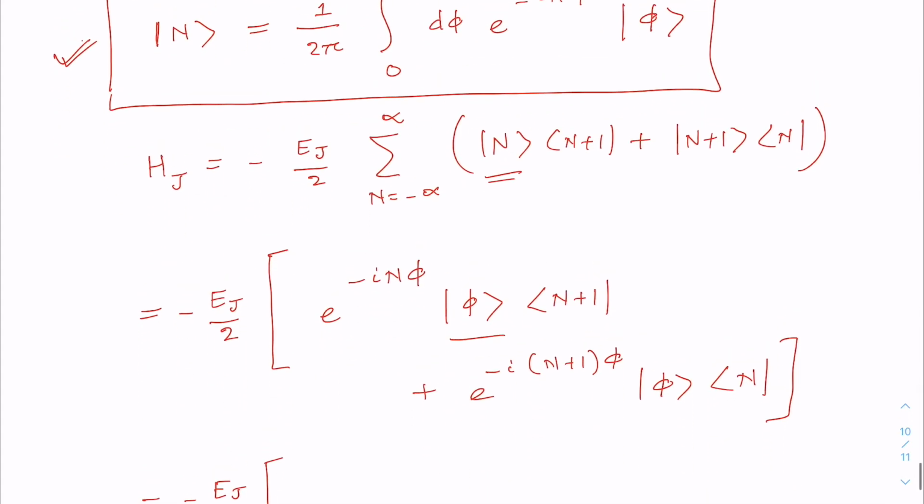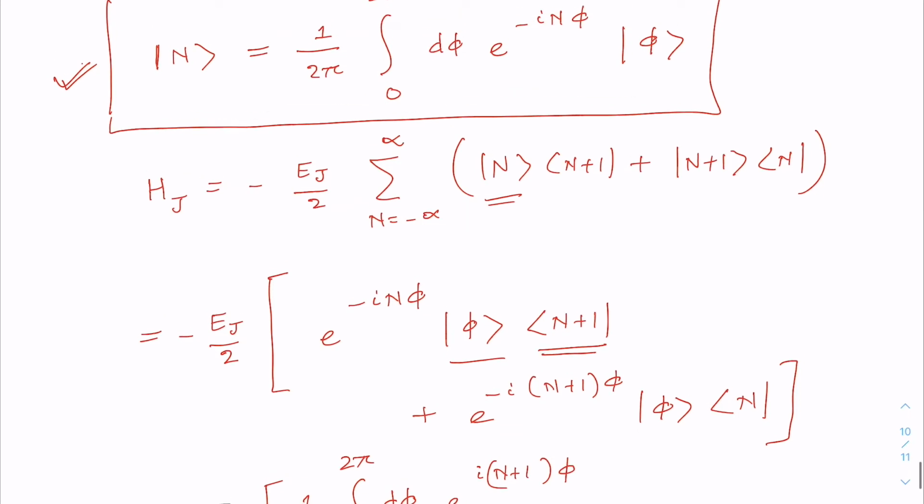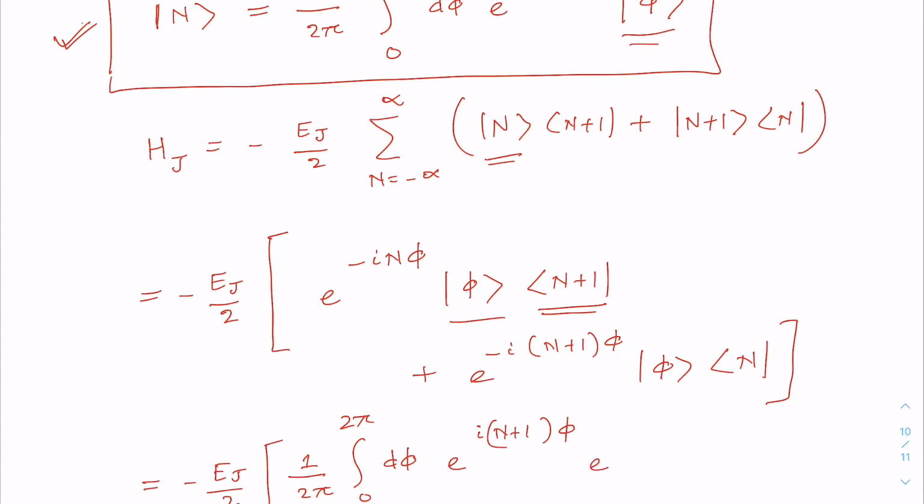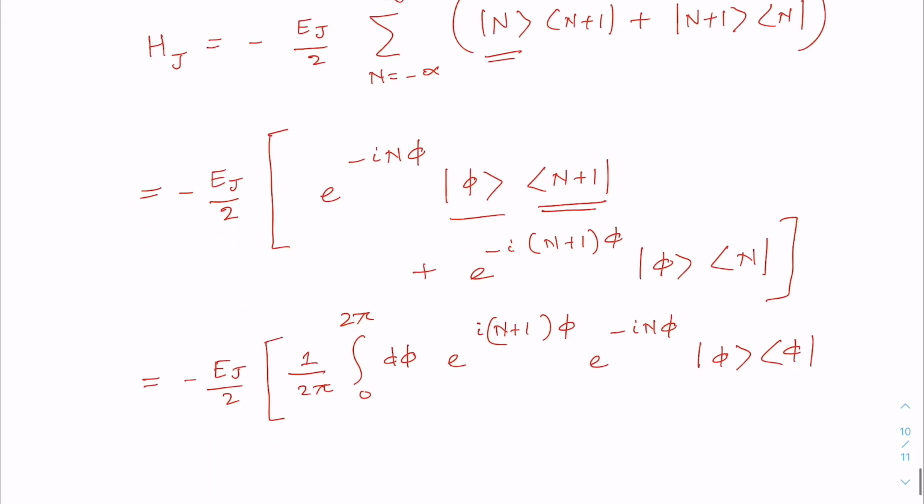That would be 1 by 2 pi, integral from 0 to 2 pi d phi e to the power i n plus 1 phi, because now I'm taking the bra of this one, so where it was minus, it now becomes plus. I already have e to the power minus i n phi, and then I have this ket phi and this bra phi. I hope you are getting it.